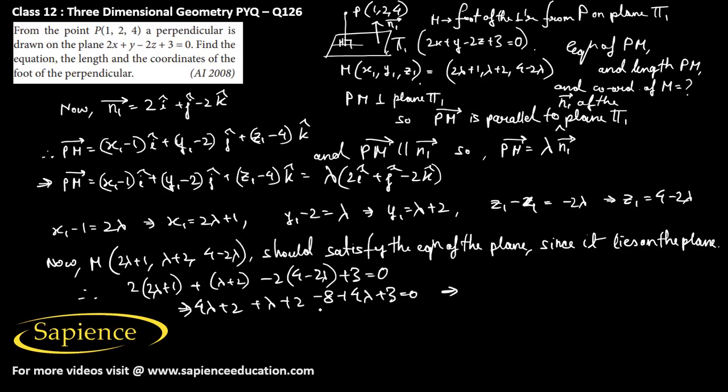So 4 lambda plus 4 lambda is 8 lambda, 8 lambda plus lambda is 9 lambda. So 9 lambda equals 8 minus 3 minus 2 minus 2, so this is 7. Therefore lambda equals 1 by 9.